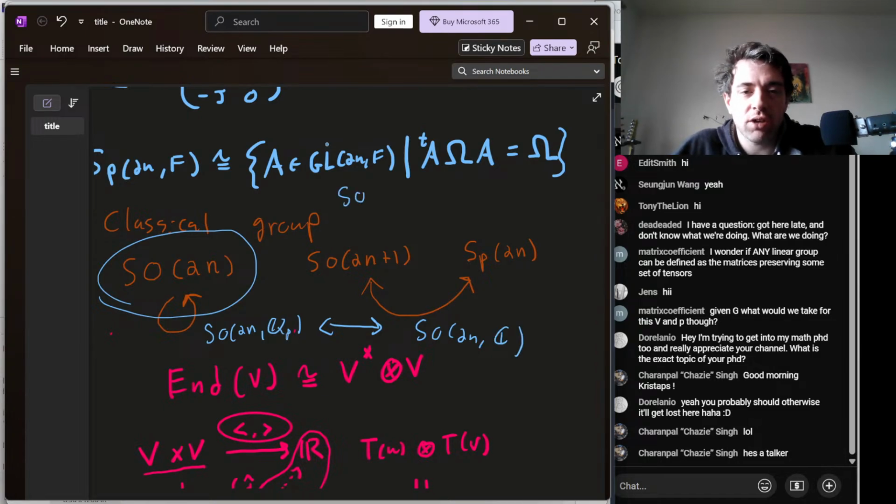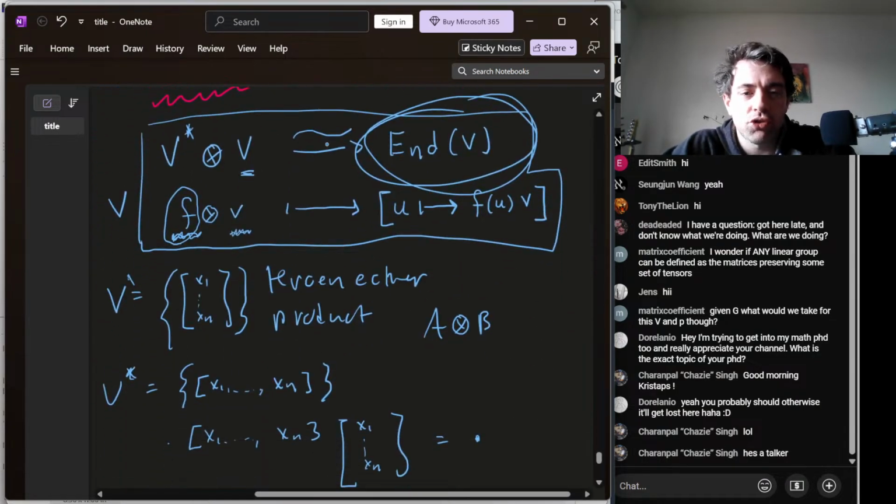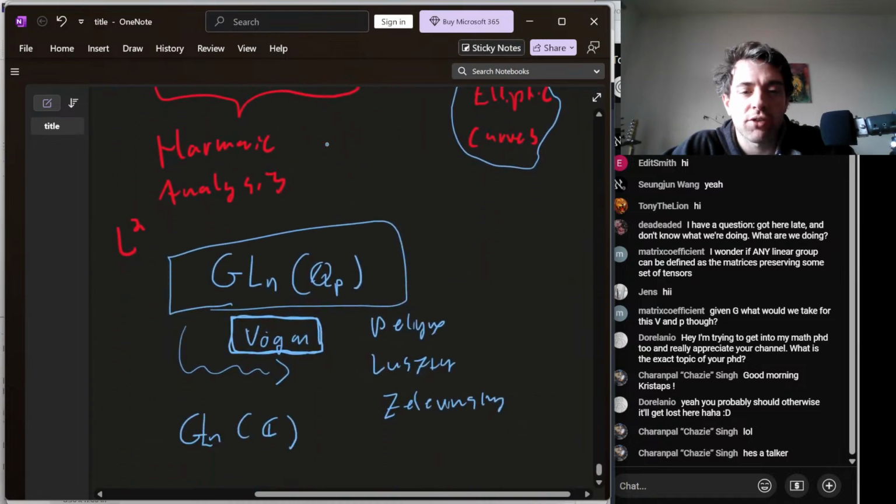But if you're looking at SO odd over the p-adic numbers, by this sort of duality here, maybe in a future stream I'll explain exactly how this duality works, you look at SP2N over the complex numbers, that's its dual, and vice versa. So GLN is another one that's self-dual though.